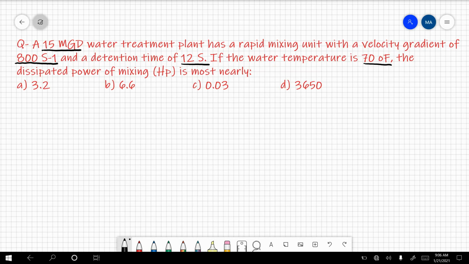and we have 4 solution options. So before we go ahead and solve this question, let's talk a little bit about the conventional water treatment plant. In a conventional water treatment plant, we withdraw the water from a water intake like a river or a lake. So this is a river or a lake.